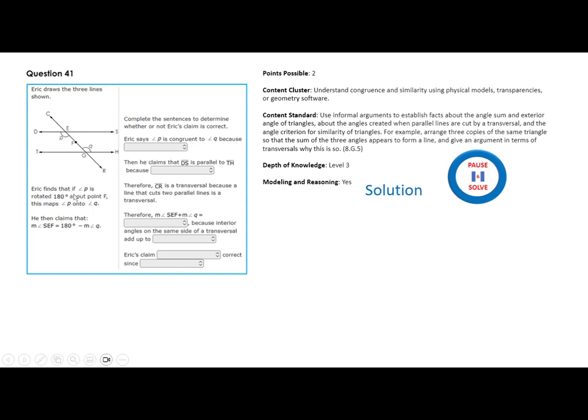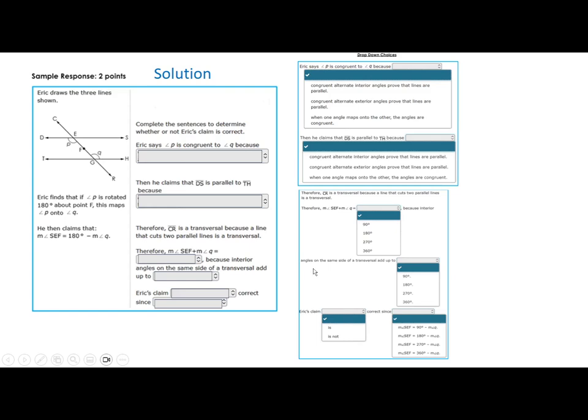Eric finds that if angle P is rotated 180 degrees about point F, this maps angle P onto angle Q. Then he claims that the measurement of angle SEF is 180 degrees minus the measurement of angle Q. So let's see what happens here. And they're giving you some options. Here are the options given.